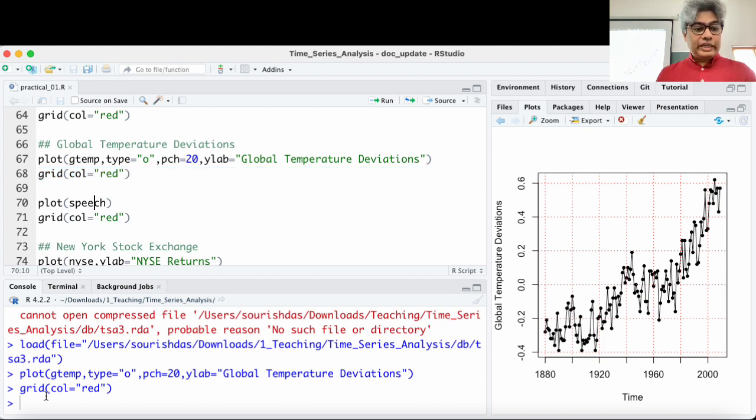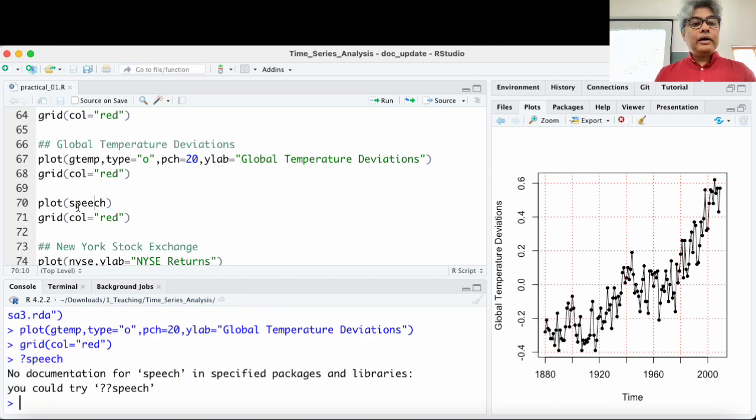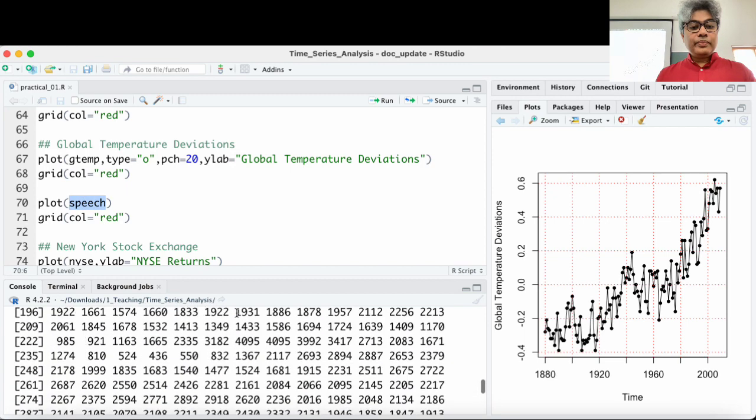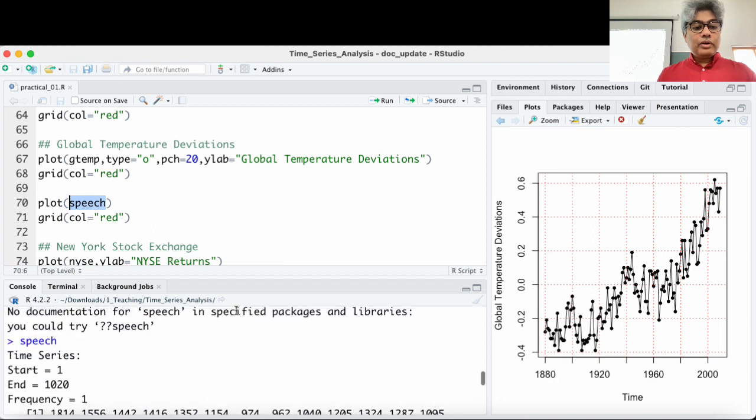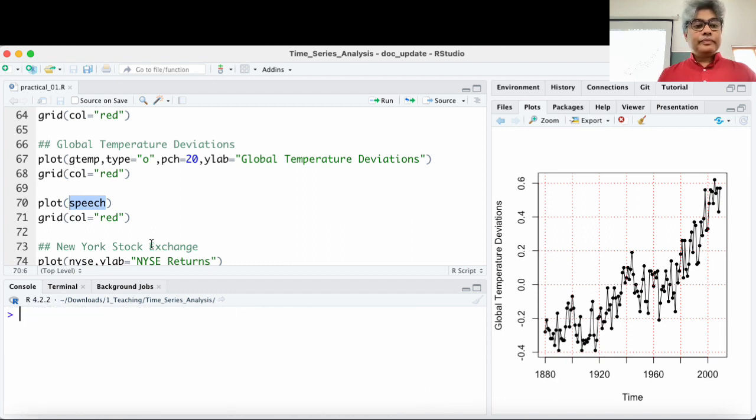Now speech data set. I think speech data set is also time series data that we discussed.